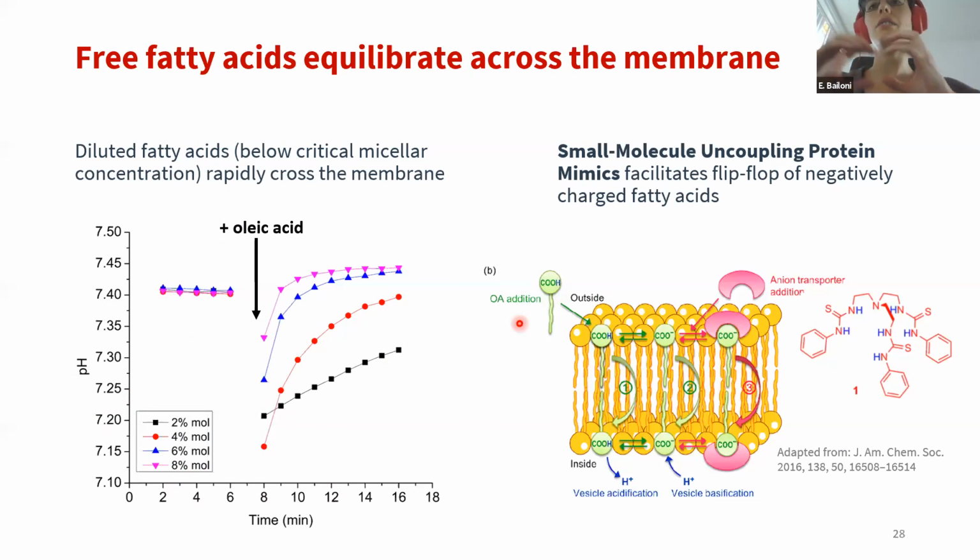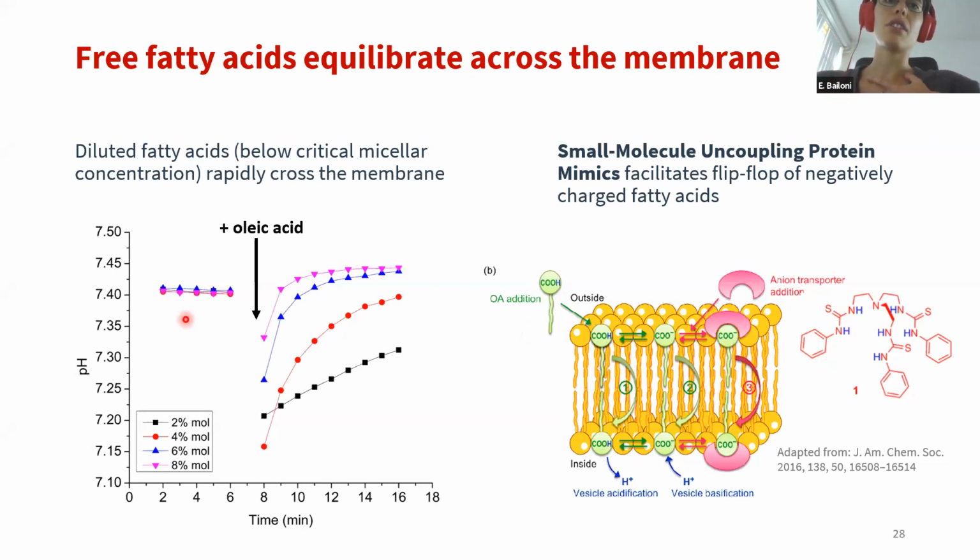And the relative ratio of these two forms is based on the pH. So based on the pH, there will be a different relative population of the two forms. And the neutral form can equilibrate across the lipid bilayer very, very rapidly.